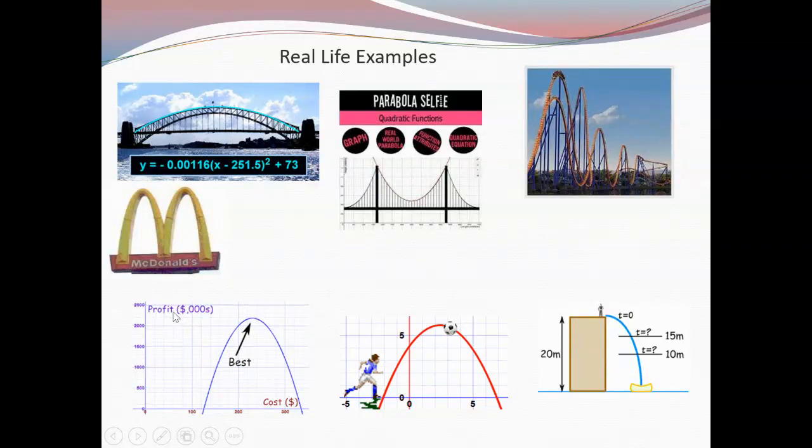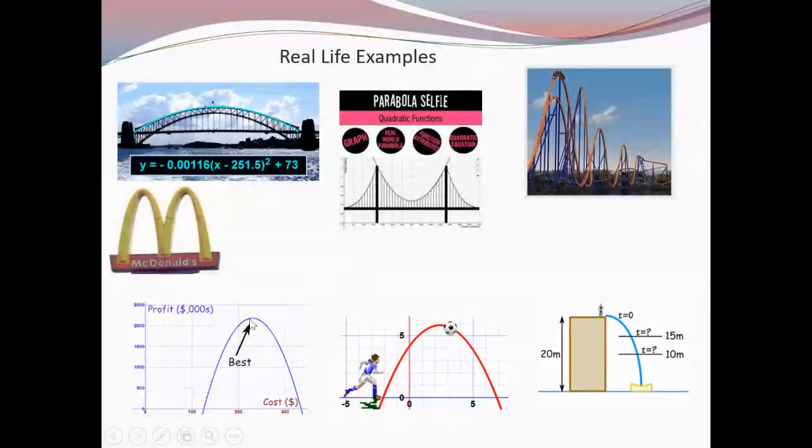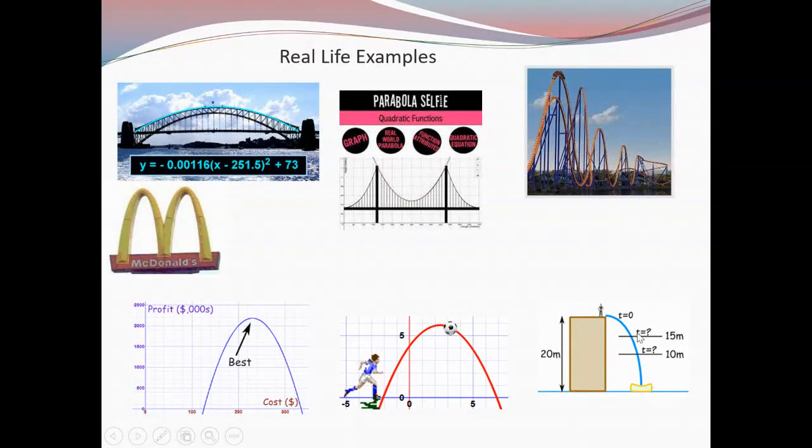For example, this is a profit function, a profit graph, and this is the maximum profit, and so forth. This is a maximum height that the bar reaches. And here are also the intercepts where the graph crosses the axis. So this is what we're going to be looking at, but these are real life examples of quadratic functions.